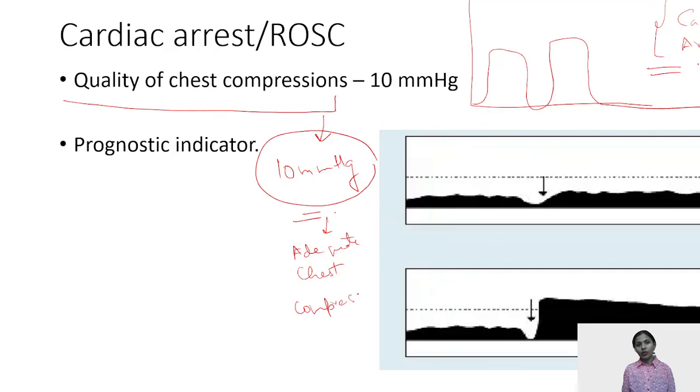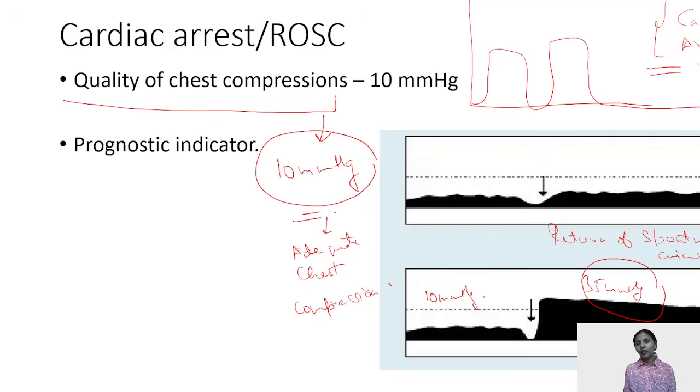And eventually, when you are giving the chest compressions and suddenly the EtCO2 rises from 10 millimeters of mercury to 35 millimeters of mercury, this is indicative of return of spontaneous circulation.